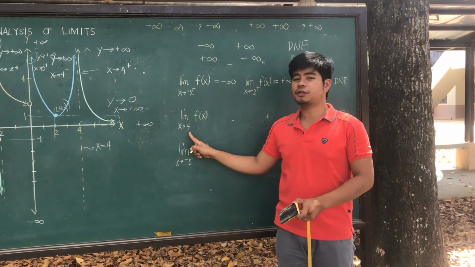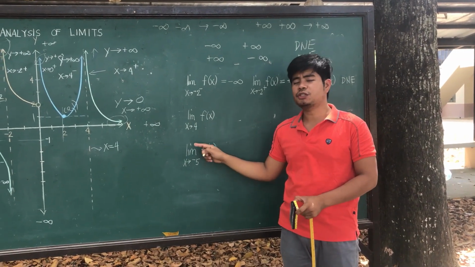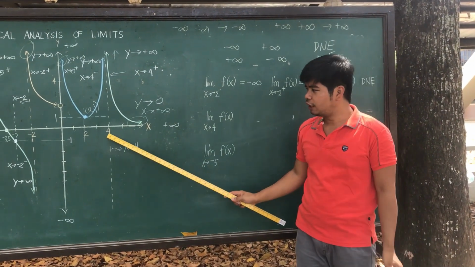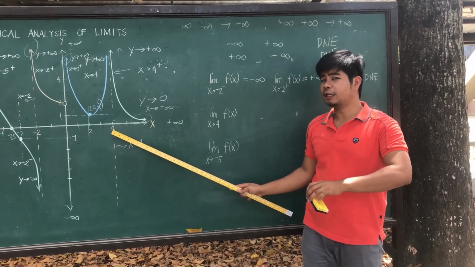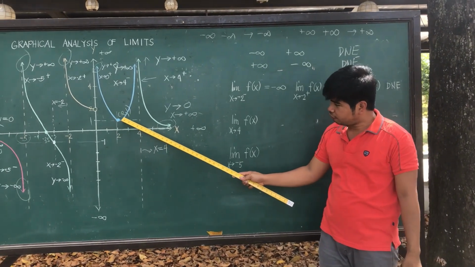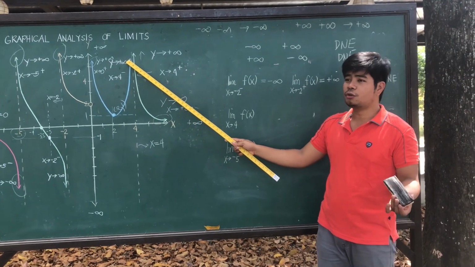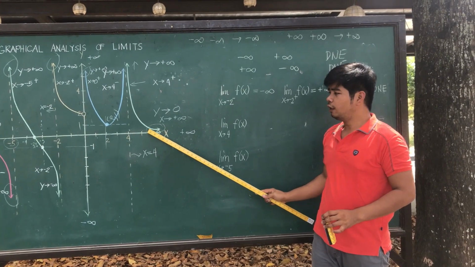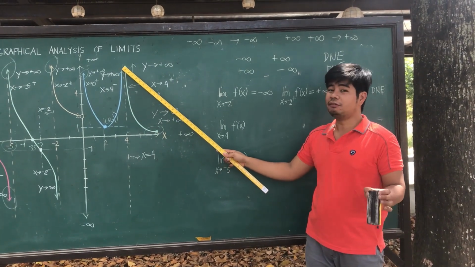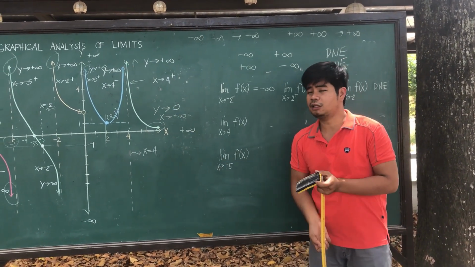So here, we proceed to limit of f of x as x approaches 4. Then we go to 4 here and observe the behavior of y from the left of 4. So this one is the left of 4. Y goes up infinitely, so that is positive infinity. From the right of 4, y also goes up infinitely, which is also positive infinity.